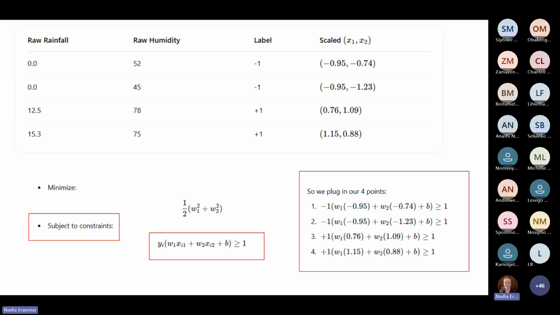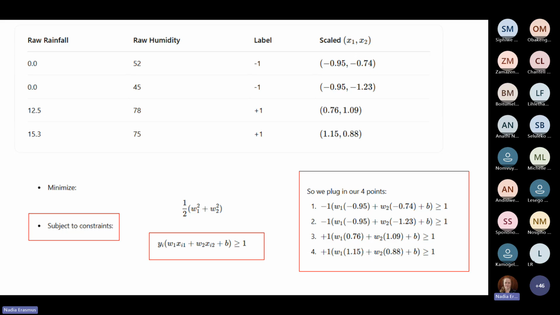So we did not put in the weights yet, so they're just given as W1 and W2. And this is the formula that we're going to use for this one. This is to get your bias, okay? And we know it has to be greater than or equal to 1.